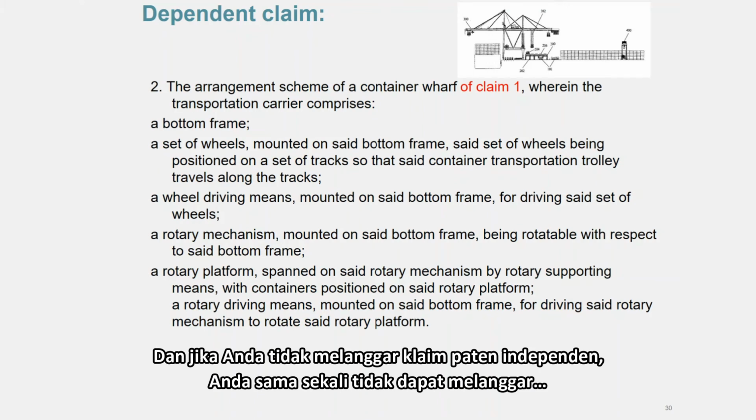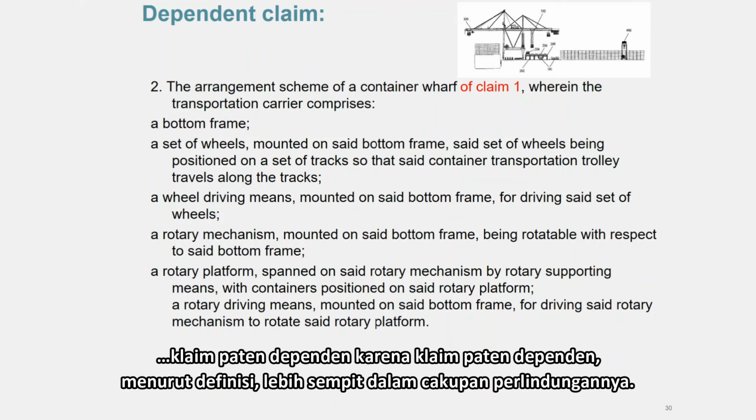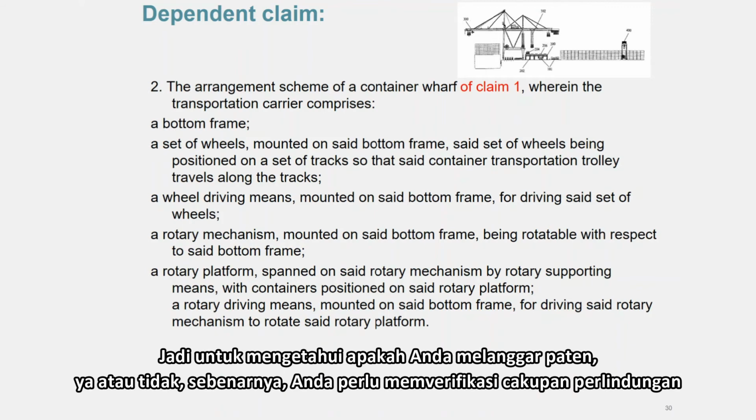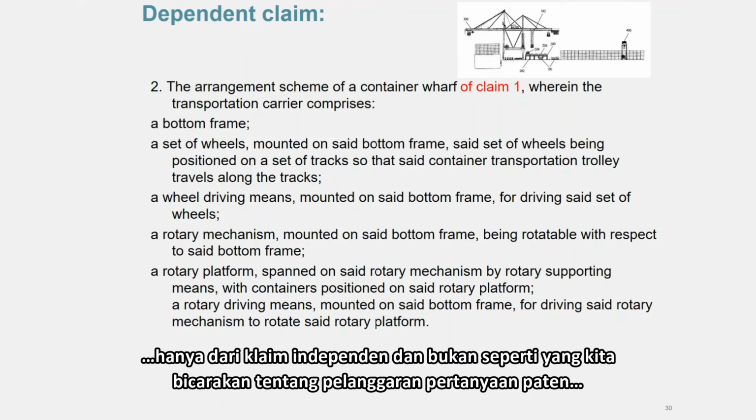And if you don't infringe the independent patent claims, you cannot by no means infringe a dependent patent claim, because dependent patent claims are per definition narrower in the scope of protection. So in order to find out if you infringe a patent, yes or no, in fact, you need to verify the scope of protection of only independent claims.